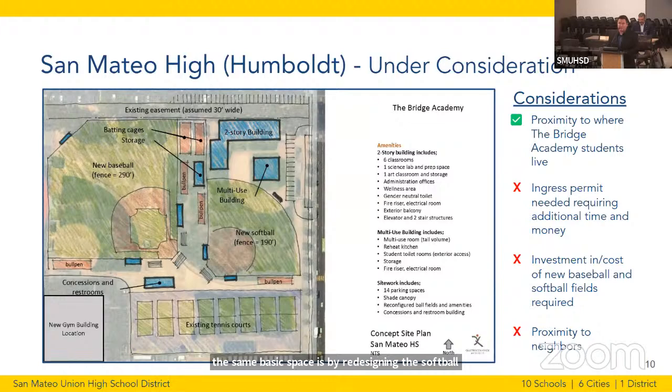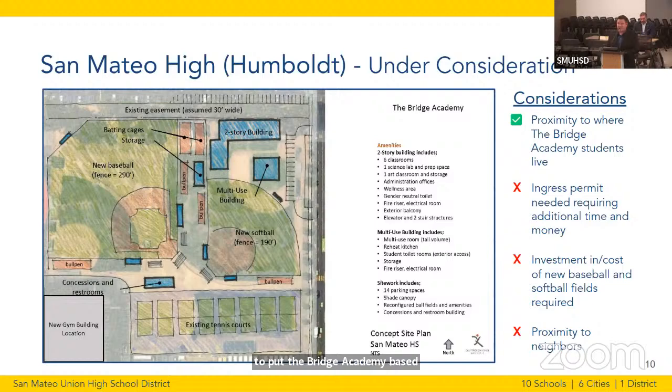You can use some inefficient space. There's kind of some rolling hills out there, and you can create enough space to put the Bridge Academy based on the needs that were identified.